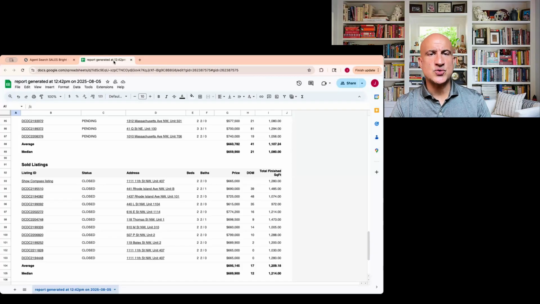So right now, just about 30% of homes within a mile of the subject property that are condominiums, 2 bedrooms or more, are having success going under contract.